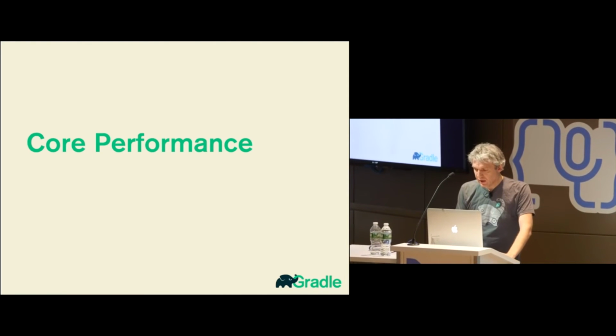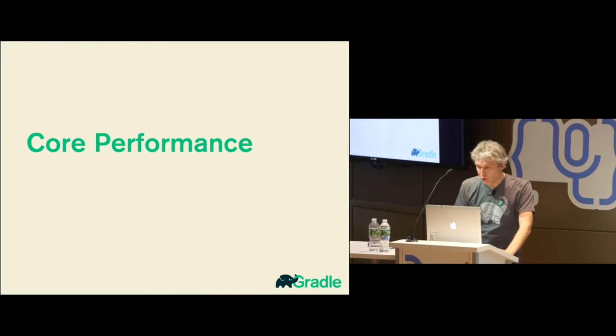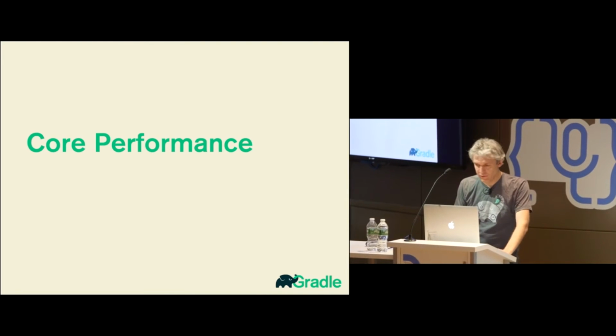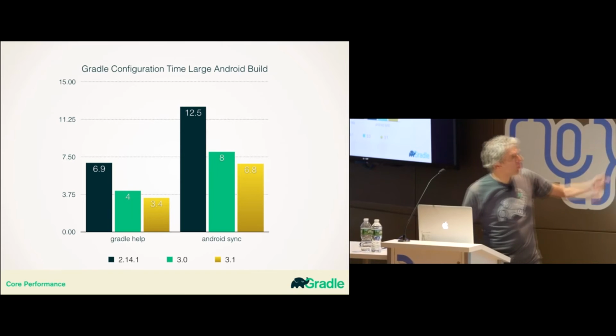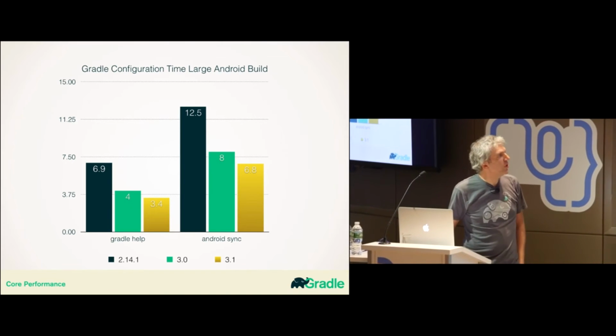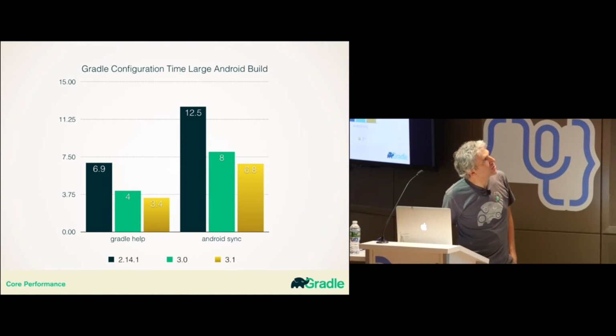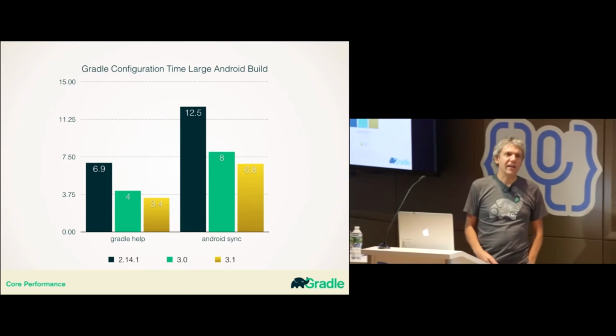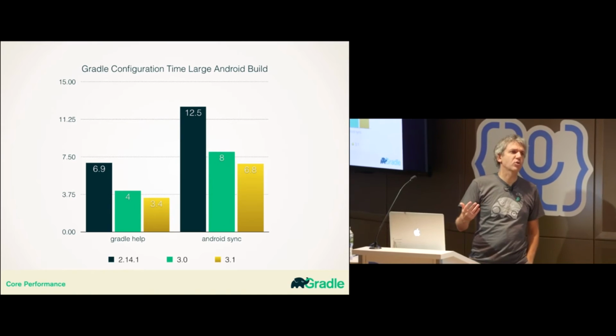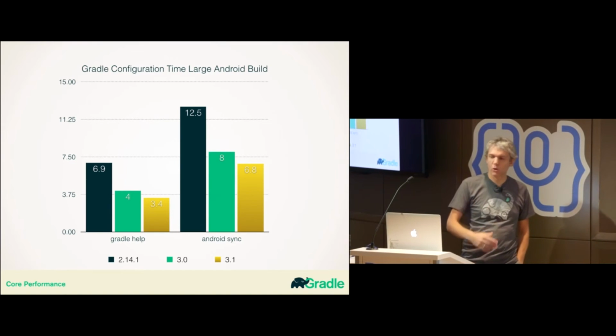Performance is a key focus for us and for the Android team, for everyone, I would say, right? If you look just from 2.14 to 3.1, we have the largest Android build we saw out in the wild, where I think 100 plus developers work, with hundreds of submodules.